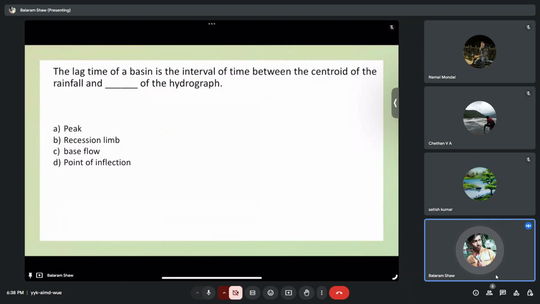Okay, so the next question is: the lag time of a basin is the interval of time between the centroid of rainfall and dash of the hydrograph. You just tell me what it will be.